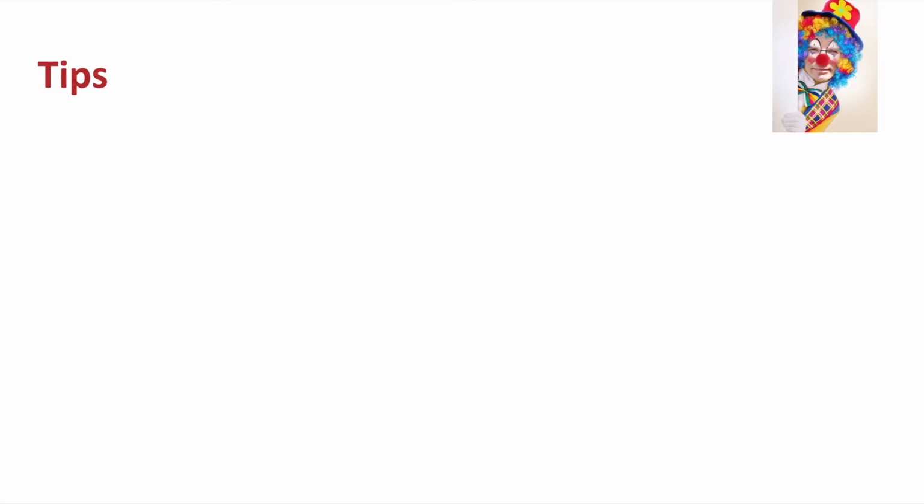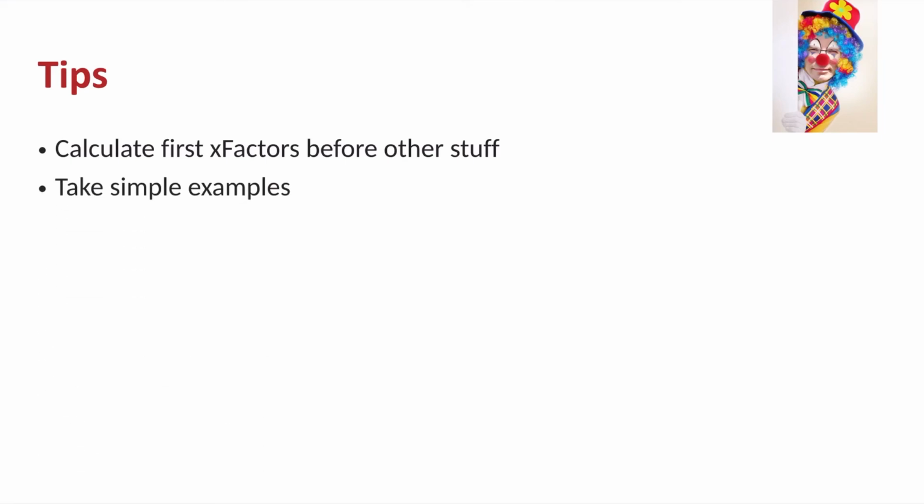Yeah, what can be taken at the end here? A few tips. The first one is to always calculate the x factor before you are calculating other stuff. And take simple examples where, for example, the absolute value is 100.